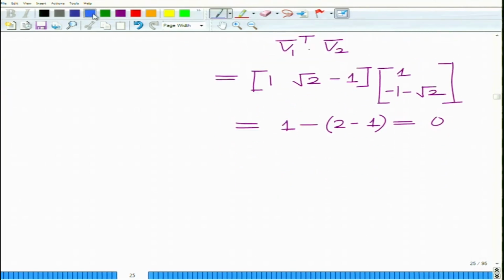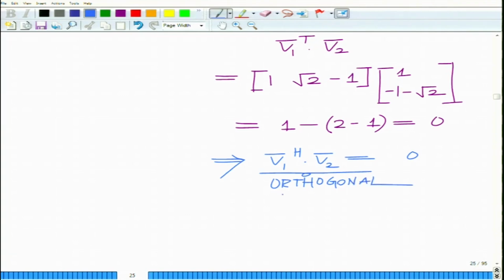So V1 bar Hermitian V2 bar equals 0, which implies these vectors are orthogonal. That is a very interesting property, and it arises because the matrix is symmetric.